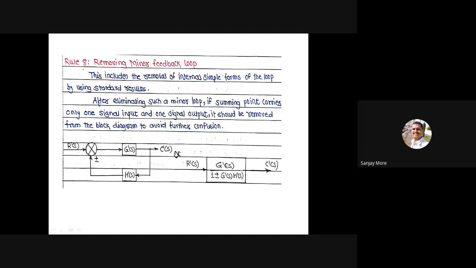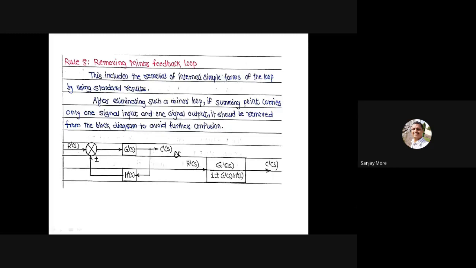So this removing minor feedback loop means eliminating such minor loops, then the summing point considers only one signal input and one signal output. This removal of these internal simple forms in the block diagram avoids further confusion.